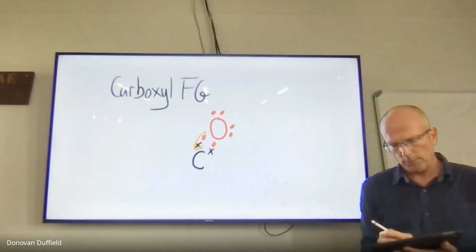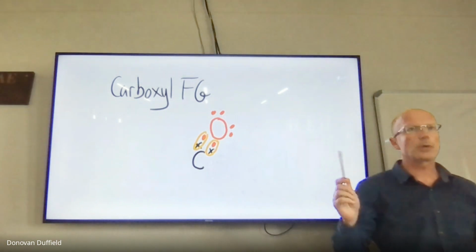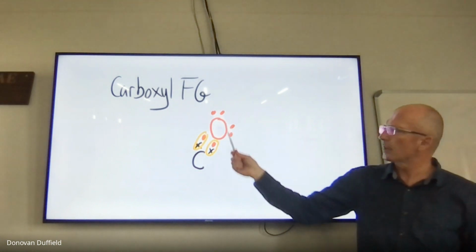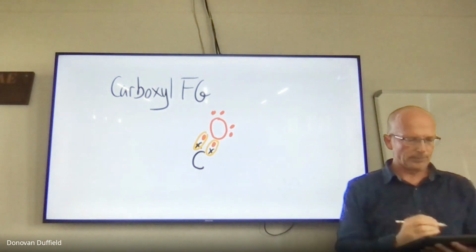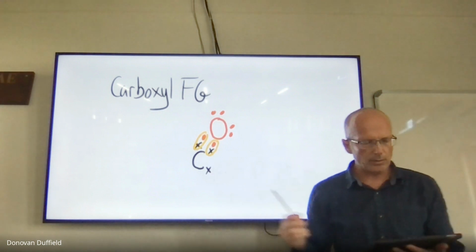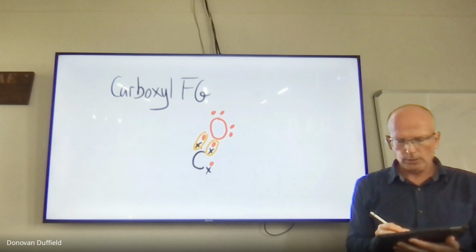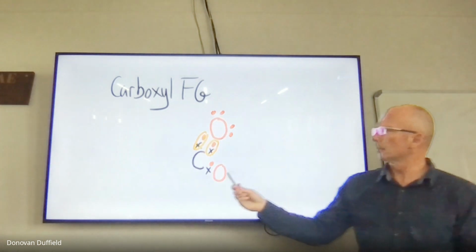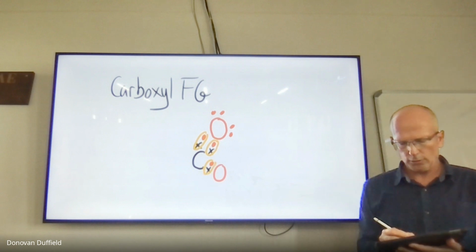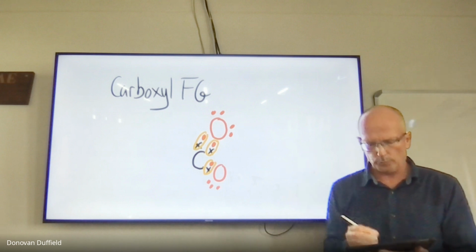A double bond forms between 2 of the electrons in the sp3 orbitals of carbon, and these lone pairs are not involved with the bonding. Then another valence electron in an sp3 orbital is bonded to another oxygen with a single bond. That oxygen has 2 lone pairs.